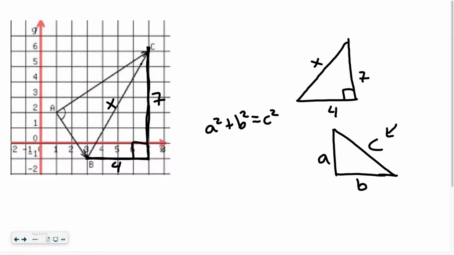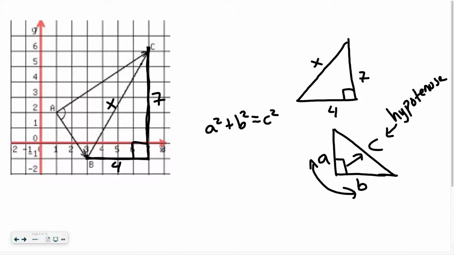This is always the hypotenuse. You can always switch a and b, but c has to always be the longest side, the side across from the right angle. That is always c.